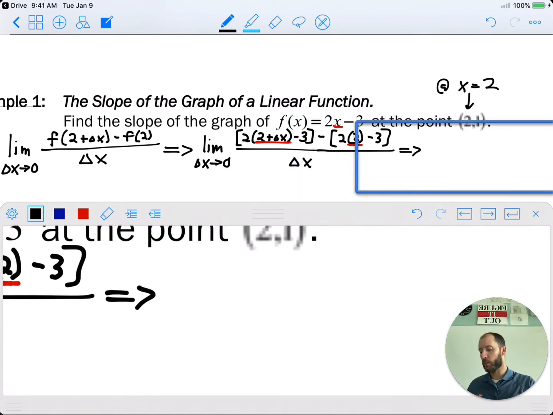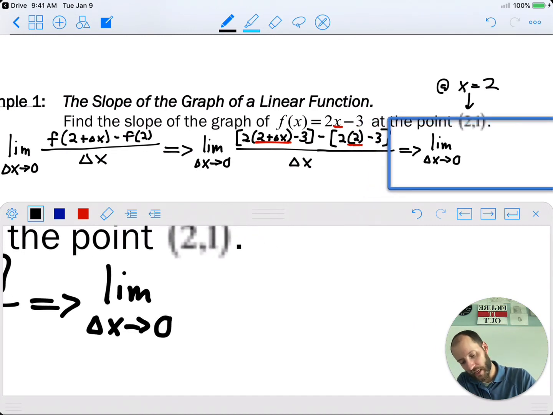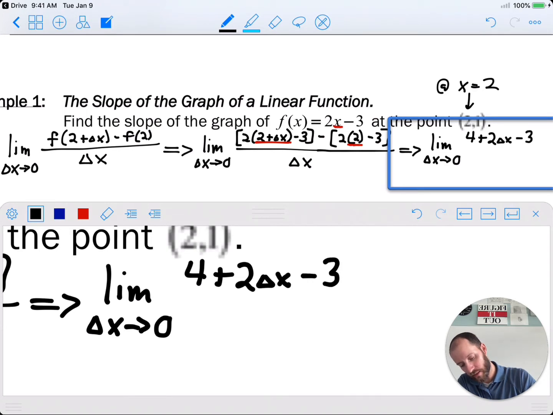So let's go ahead and work through it, see what happens, expand out, simplify. We haven't evaluated the limit yet, so we're going to keep that. So distributing 2 times 2 plus delta x, so 4 plus 2 delta x minus 3.